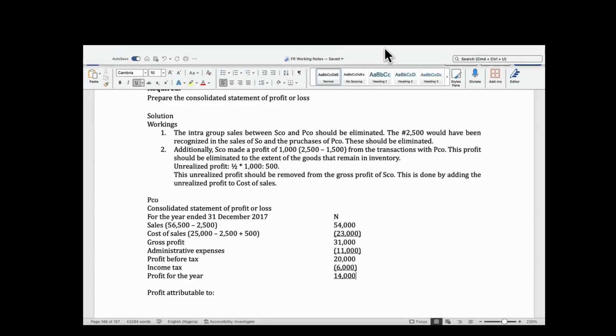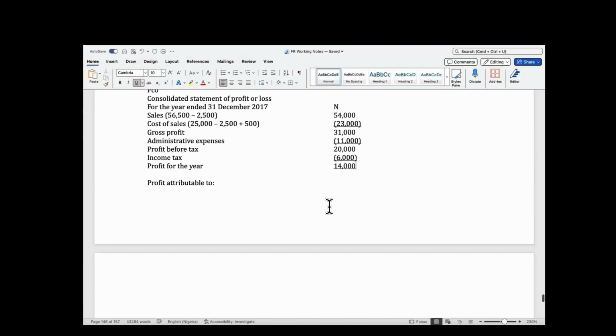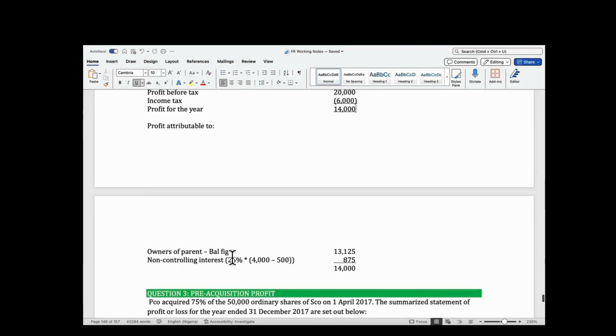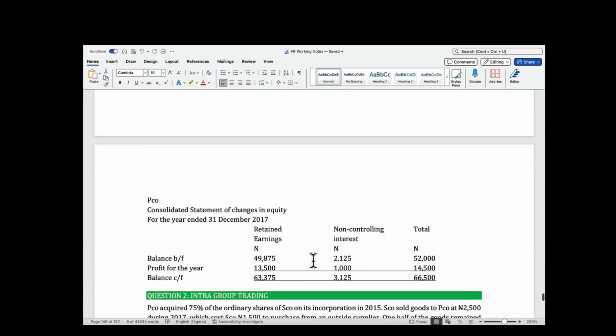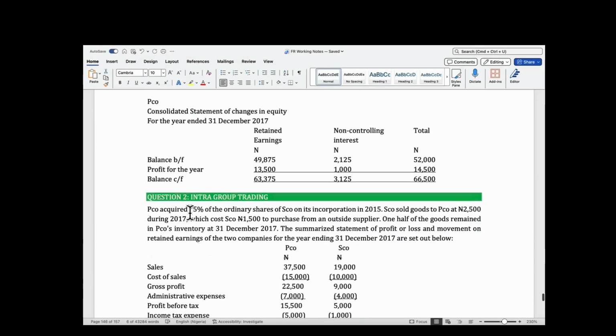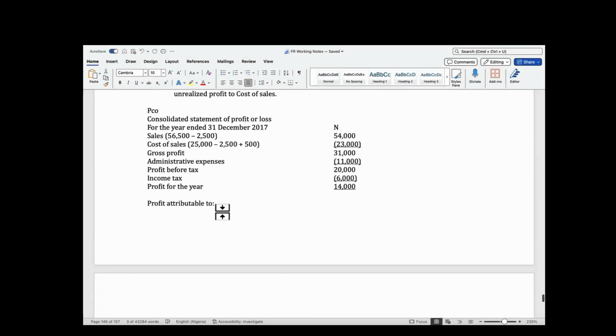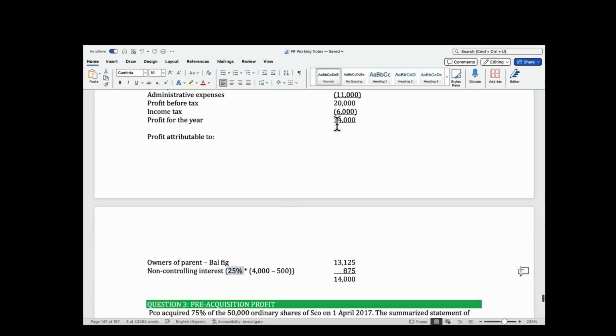The parent will get it as the balancing figure, while the NCI is what you get first. Again, since we have 75% holding, the NCI will have 25%. So we do 25%, not on the group profit, but on the profit of the subsidiary.